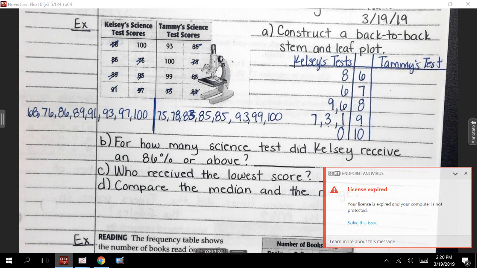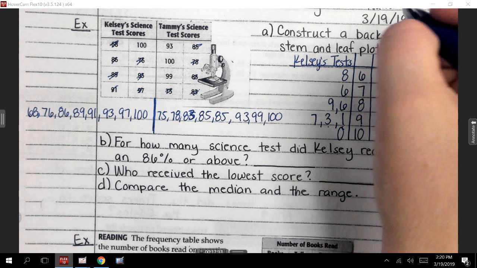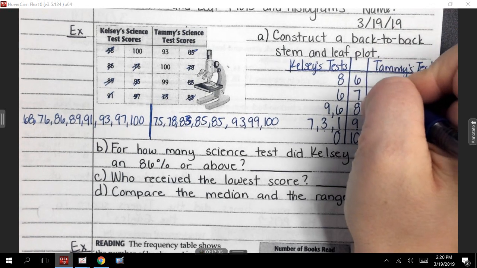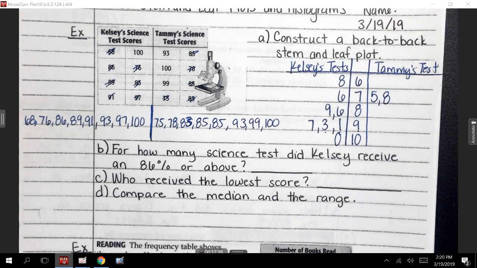All right, for the stem of 7, what leaves do I need to go with 7 for Tammy? London? 5. And? 8. 5 and 8, perfect. What leaves do I need to go with the 8 for Tammy?